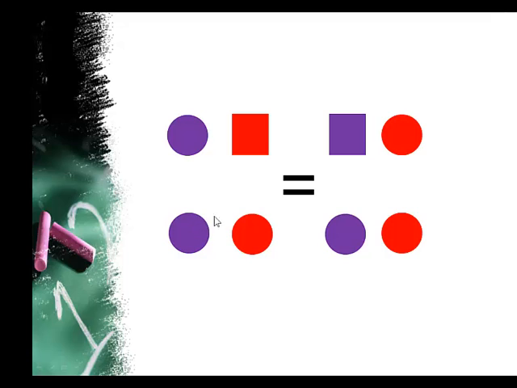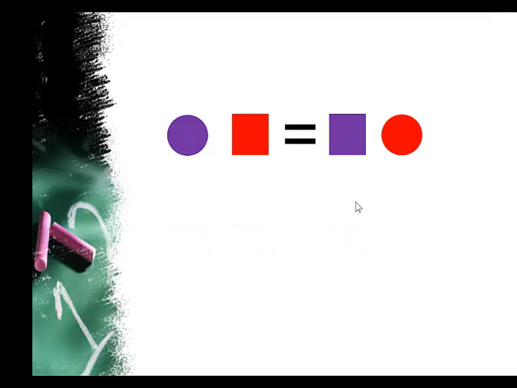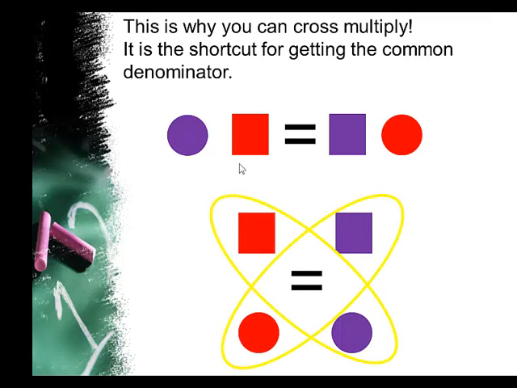So now that I have common denominators, remember we said once we have a common denominator on both sides, then the numerators have to be equal, and you end up with this. So you can actually ignore the denominators now. You've probably seen jumping straight from a proportion to this, but what that comes from is getting a common denominator. So really, you called it cross multiplication. And this is a shortcut for getting a common denominator.